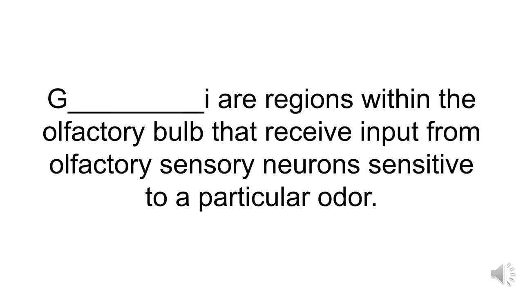G blank I are regions within the olfactory bulb that receive input from olfactory sensory neurons sensitive to a particular odor. So which regions within the olfactory bulb receive the sensory neurons? I'll give you a moment to think.